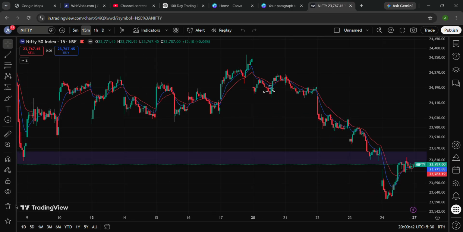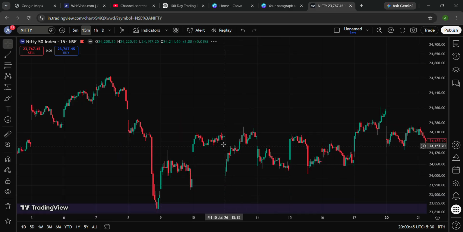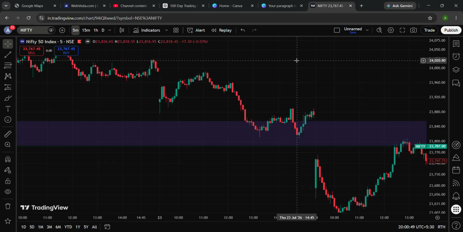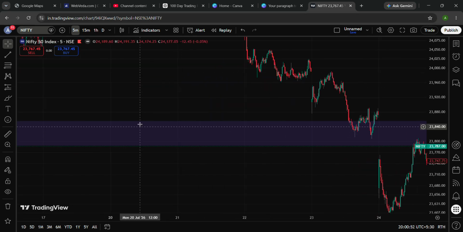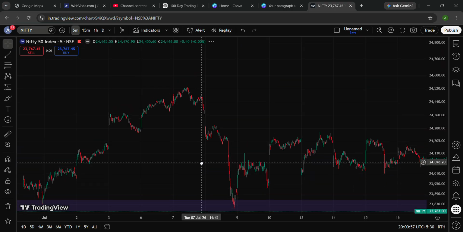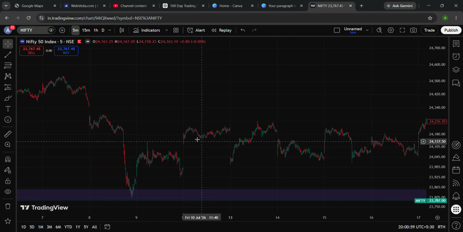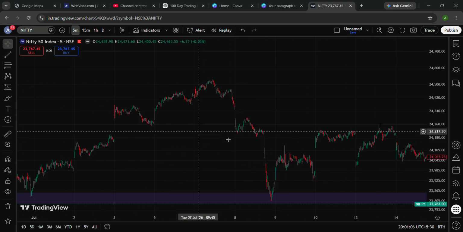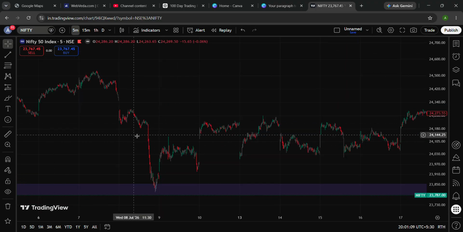Let's delete everything. Okay, so let's jump into the 5-minute chart. As you can see, this is what we call a support and resistance zone. Let's say I'm feeling this is a resistance zone for the market, because that is the time the price takes the resistance zone and couldn't break the zone.